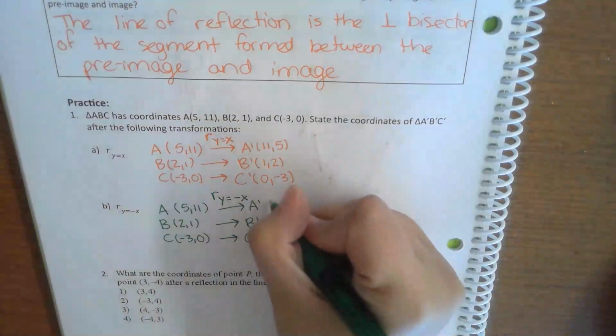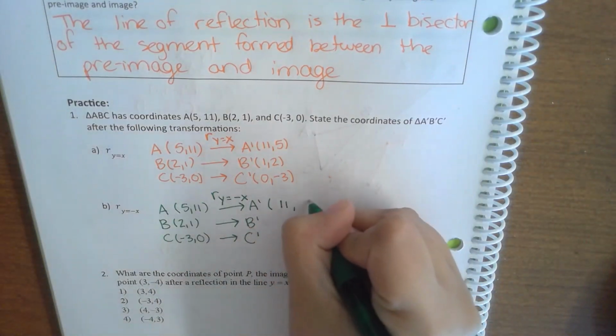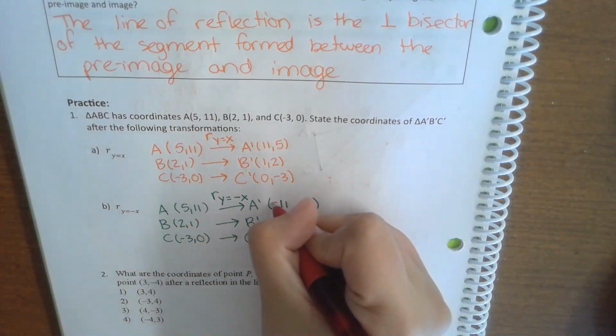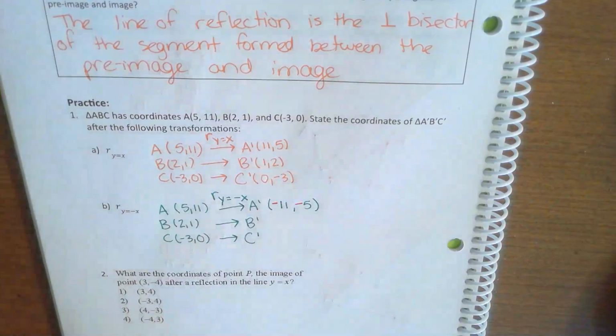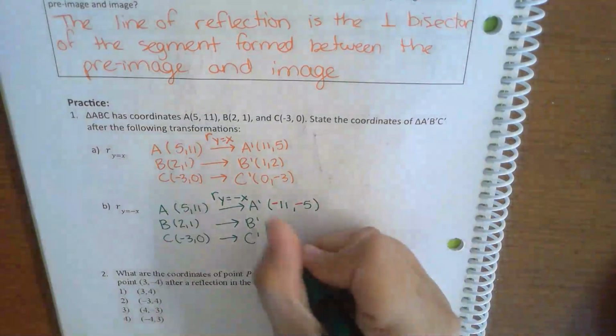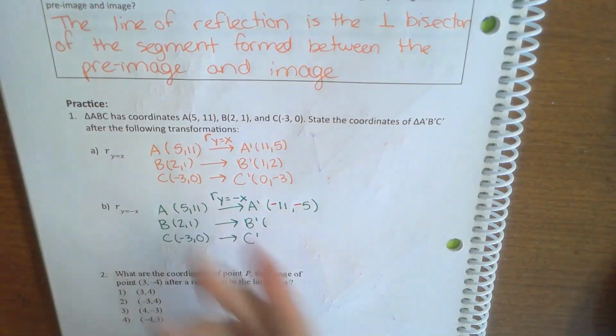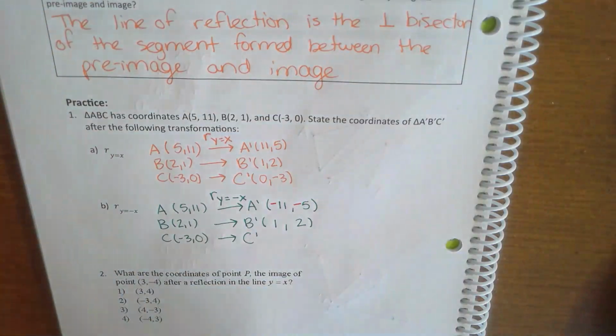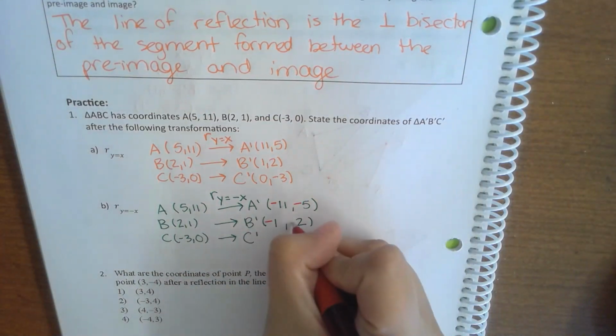Instead of 5, 11, we would have 11 and 5, but they also both need to trade signs. -11 and -5. We're gonna swap the coordinates, so it becomes a 1, 2, but they both need different signs from what they had before.